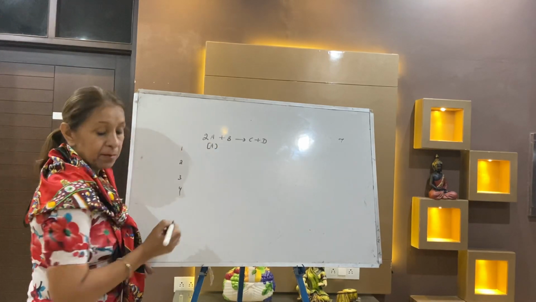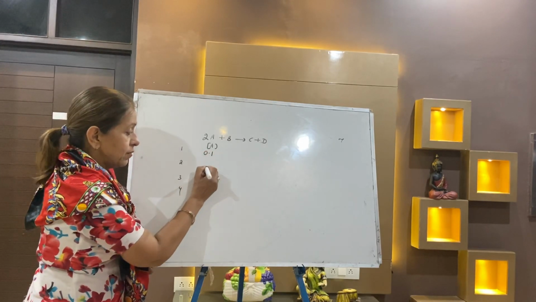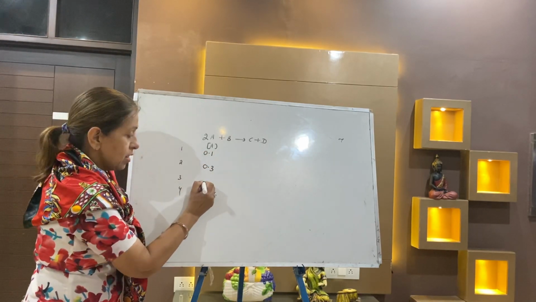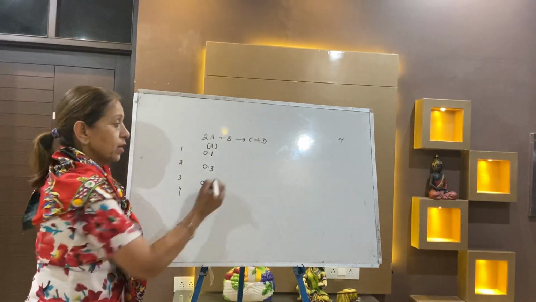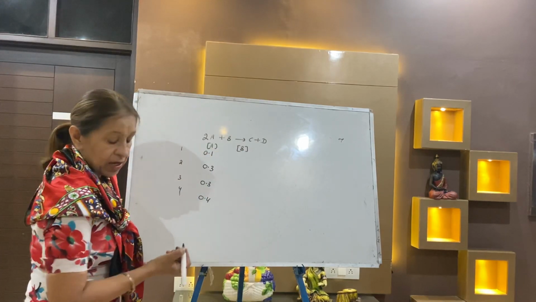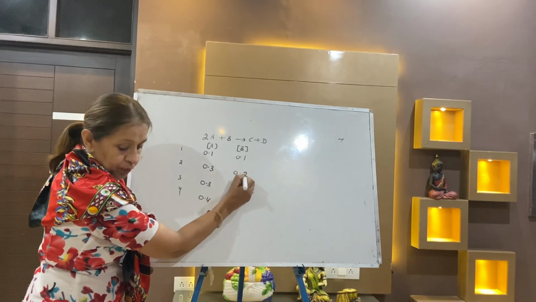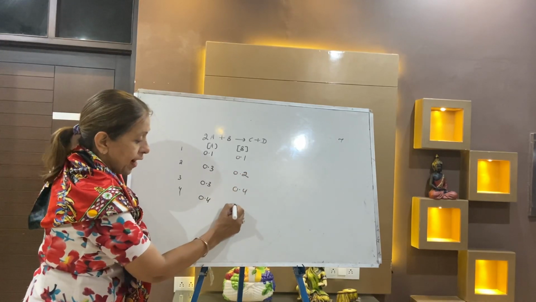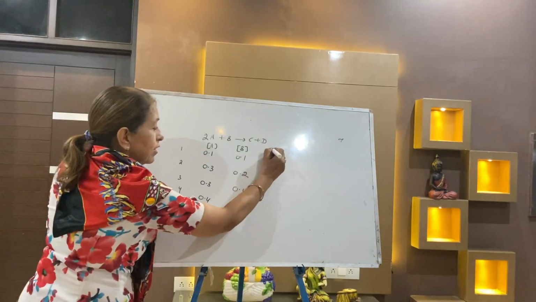In experiments 1 to 4, the concentration of A is 0.1, 0.3, 0.3 and 0.4. The concentration of B is 0.1, 0.2, 0.4 and 0.1.